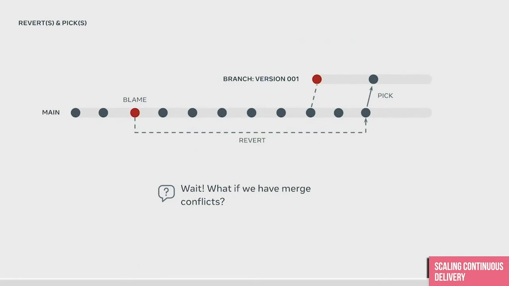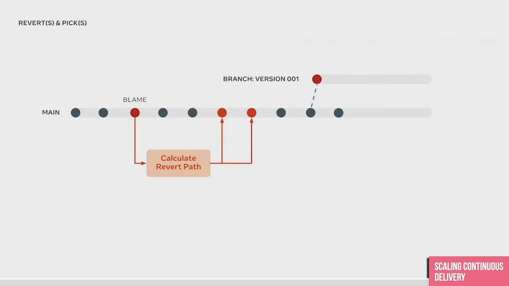For that we have a method called calculate revert path. What it does is check and find all other commits which we also need to revert, so our main branch after the reverts will be in a clean and stable state.